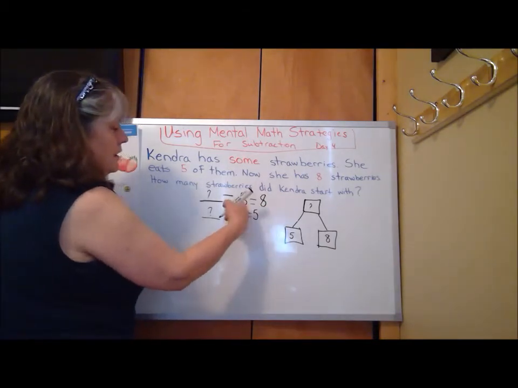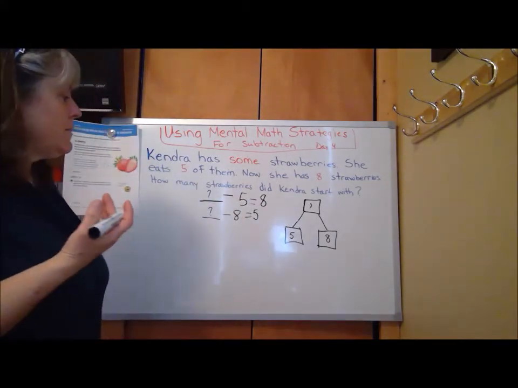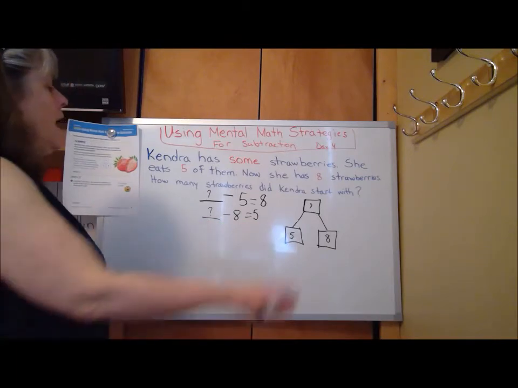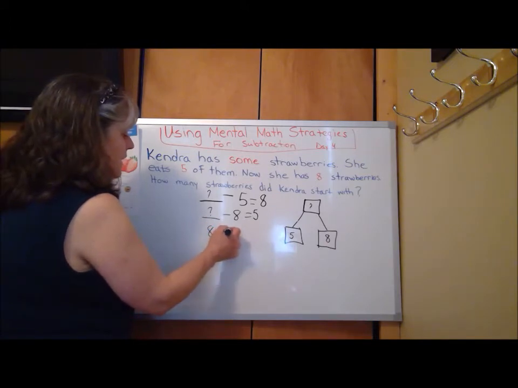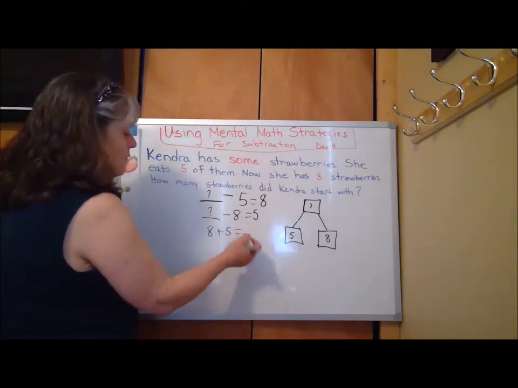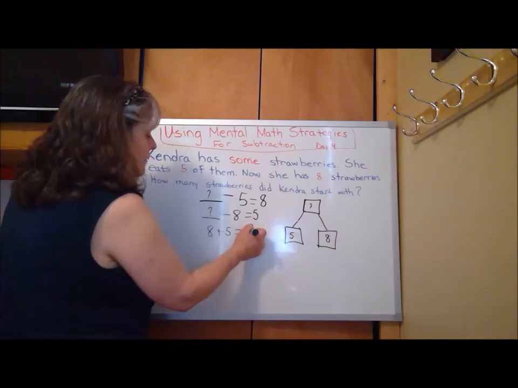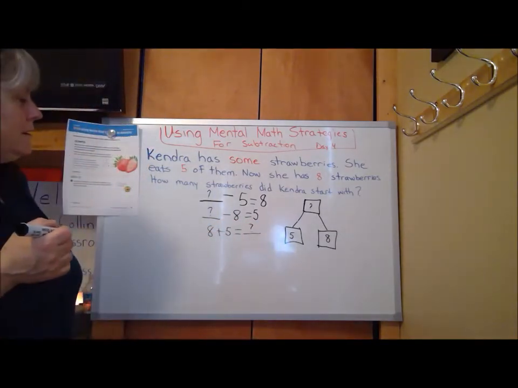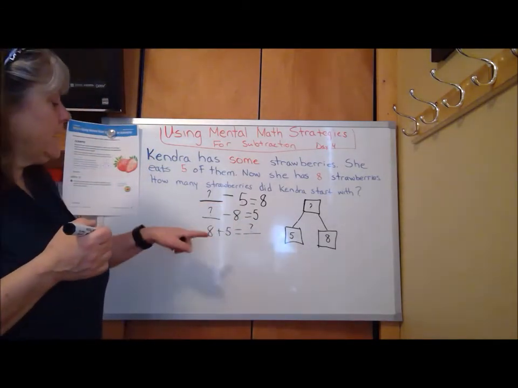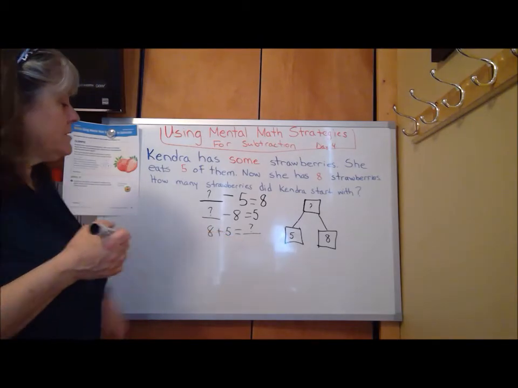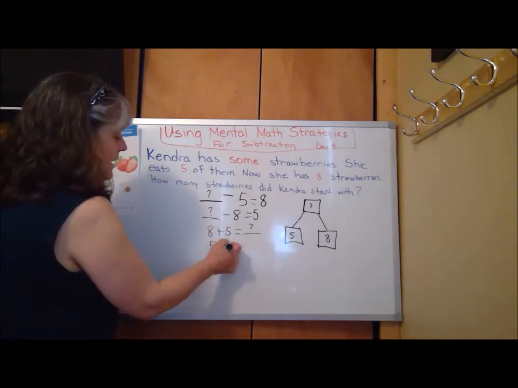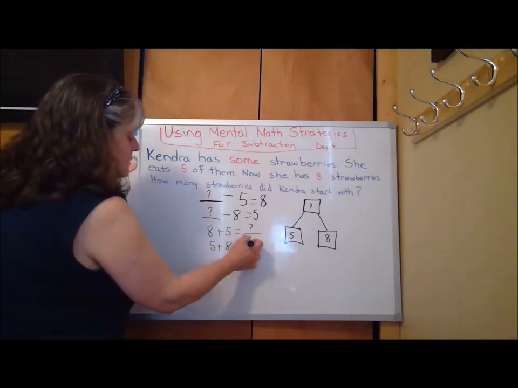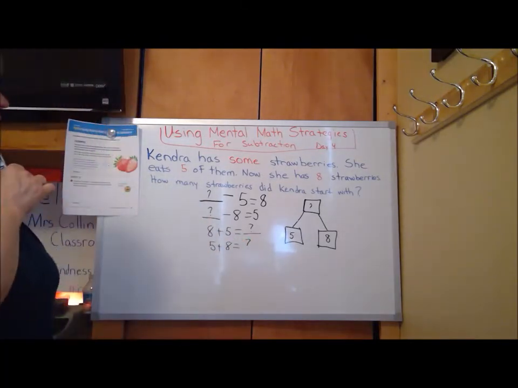Because our atoms don't matter, the minuend doesn't matter. I can turn it around, right? And I could say 8 plus 5 equals something, right? That means the same thing. If something minus 5 equals 8, then 8 plus 5 has to equal something. And I can turn this factor around. 5 plus 8 equals something. So there's my fact family.